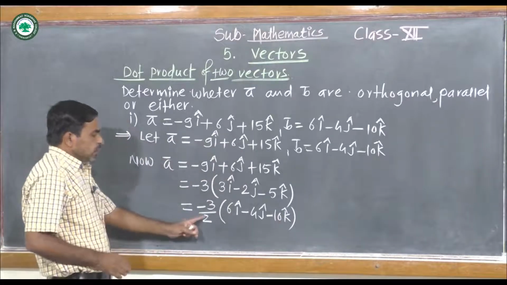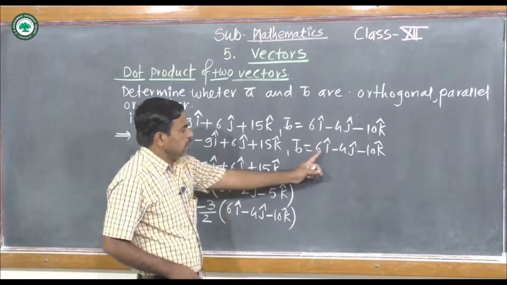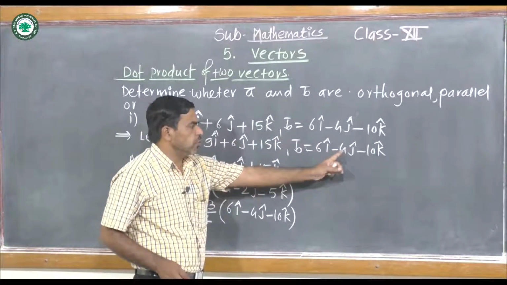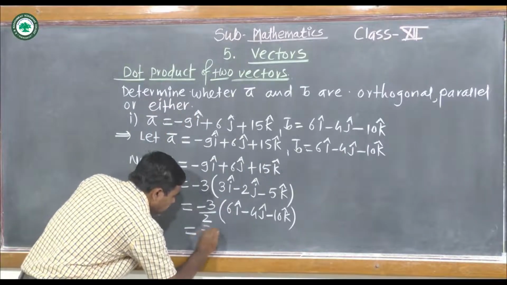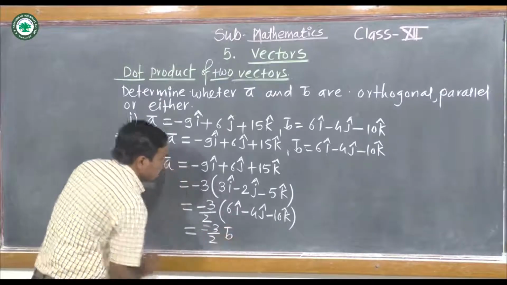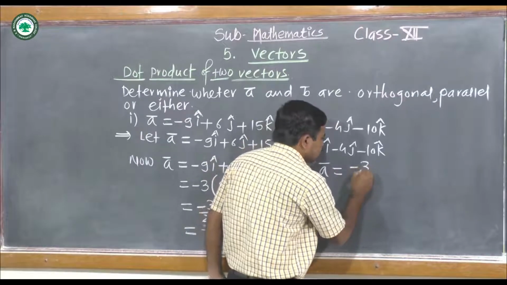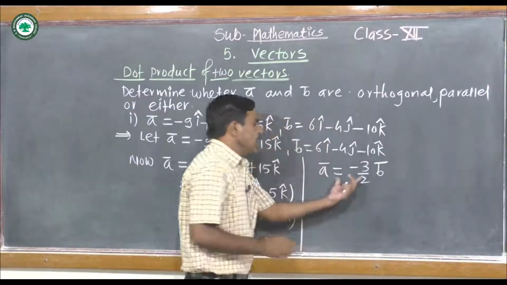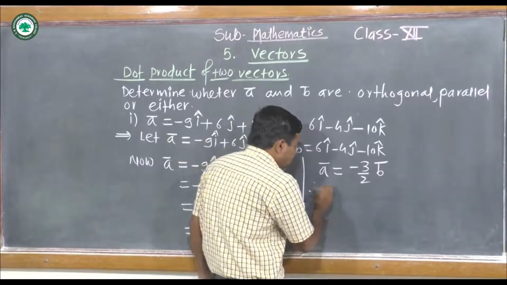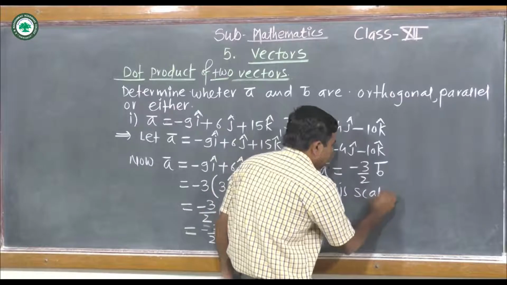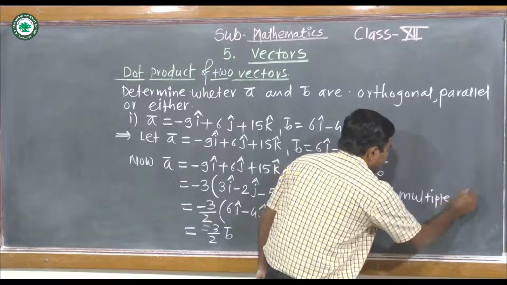A bar is equal to minus 3 by 2 into this vector, but if we see the vector B, what is vector B? 6 I cap minus 4 J cap minus 10 K cap. So A bar is equal to minus 3 by 2 into B bar, meaning A bar is a scalar multiple of B bar.